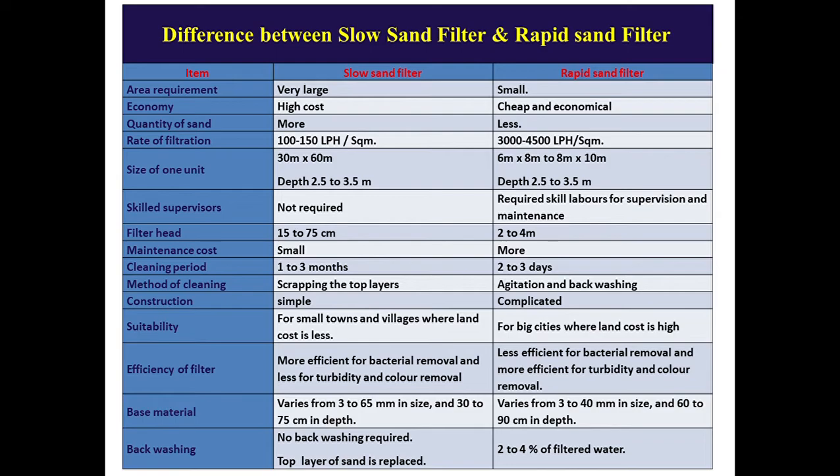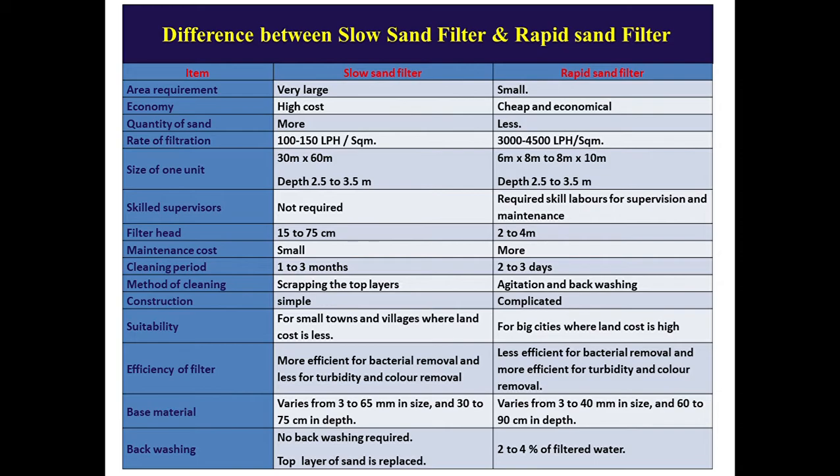Base material. For the slow sand filter, the base material varies from 3 to 65 mm in size and 30 to 75 mm in depth, whereas rapid sand filter base material varies from 3 to 40 mm in size and 60 to 90 cm in depth.